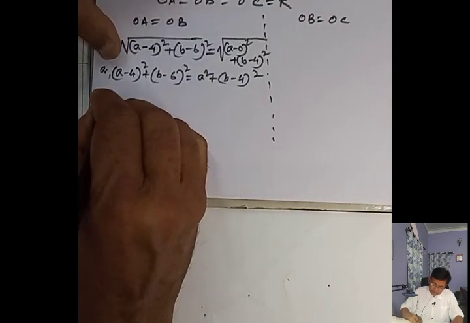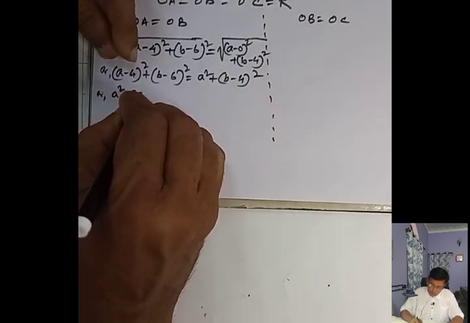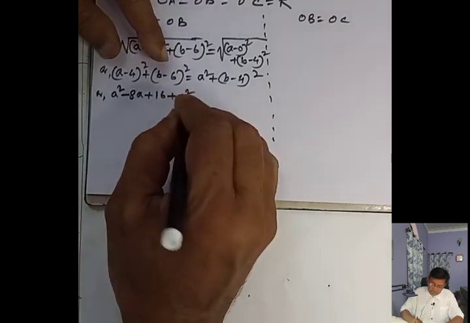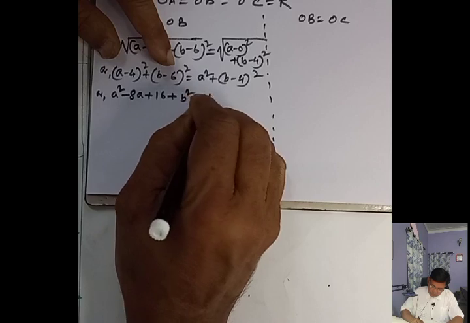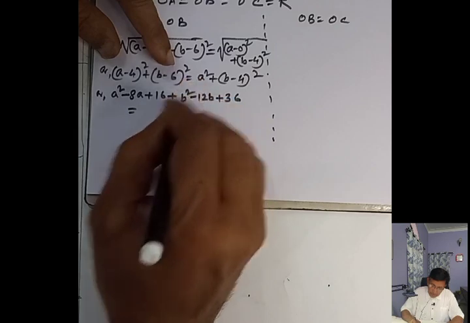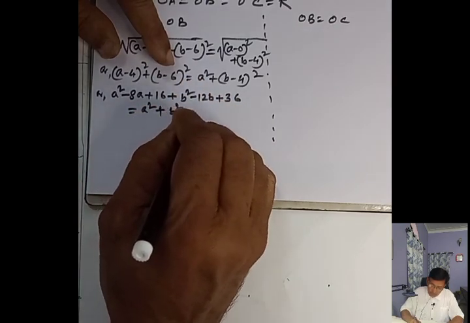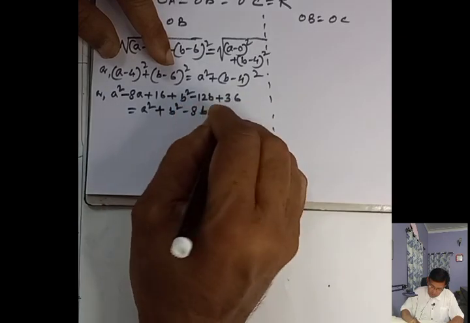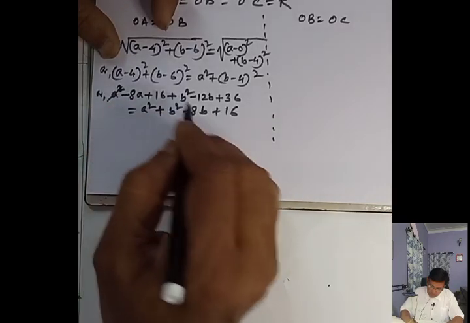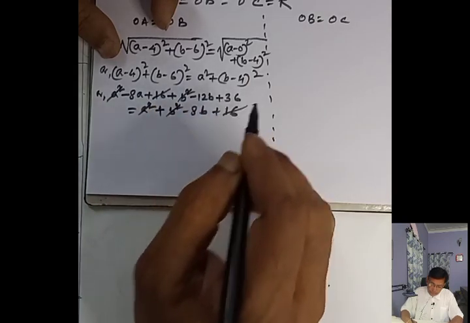Now after expansion we will get a square minus 8a plus 16 plus b square minus 12b plus 36 is equal to a square plus b square minus 8b plus 16. So from both sides we can cancel a square, b square, and also this 16.